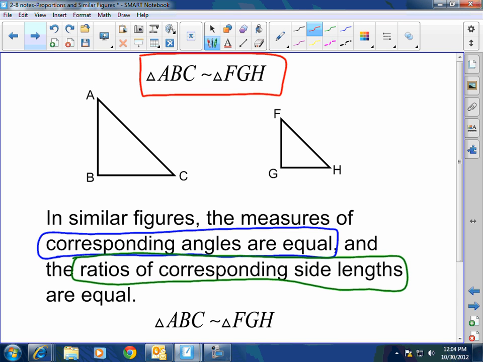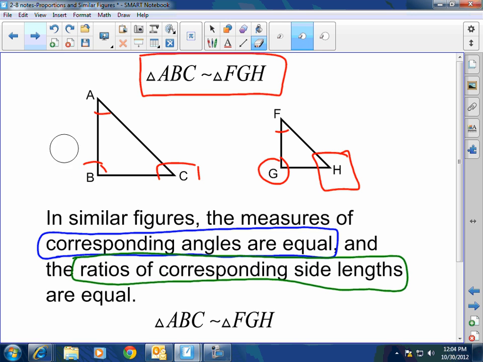In this particular case, they're both straight up, so it's pretty easy to know that A corresponds to F, B corresponds to G, and C corresponds to H. That's very easy to determine.